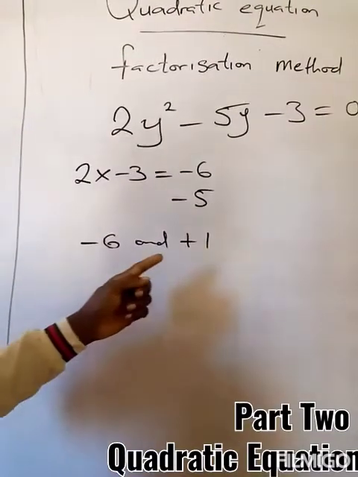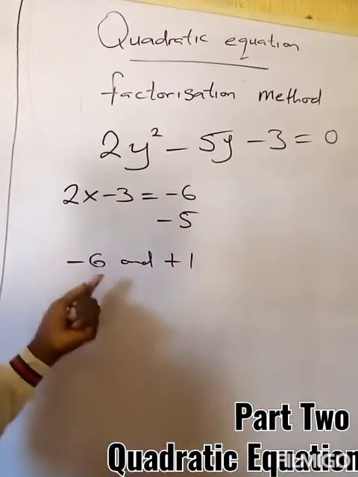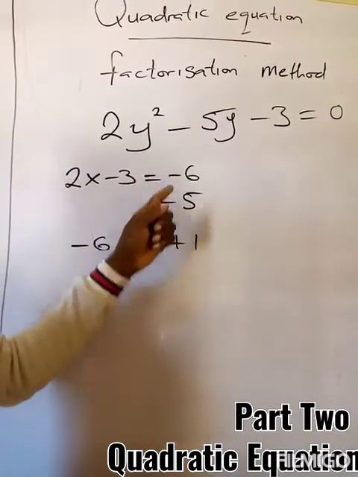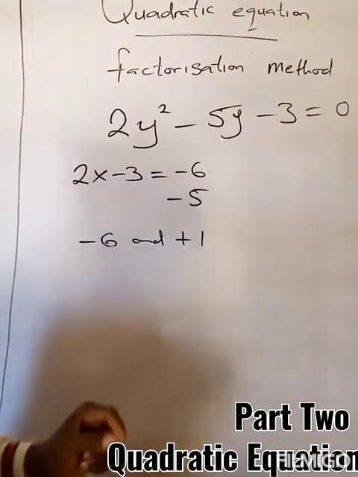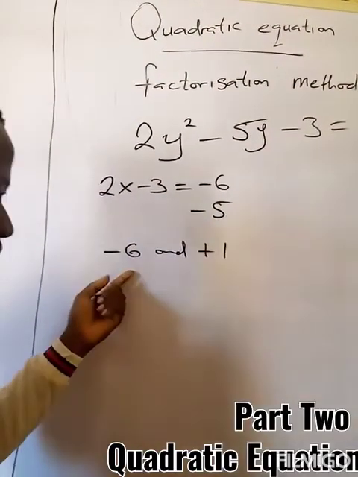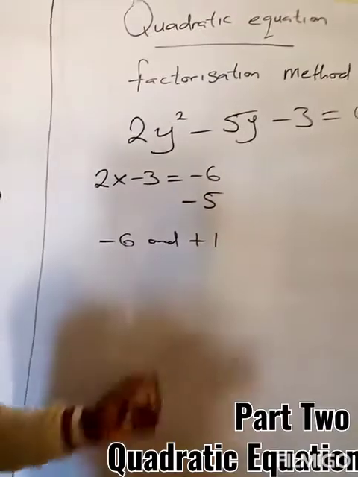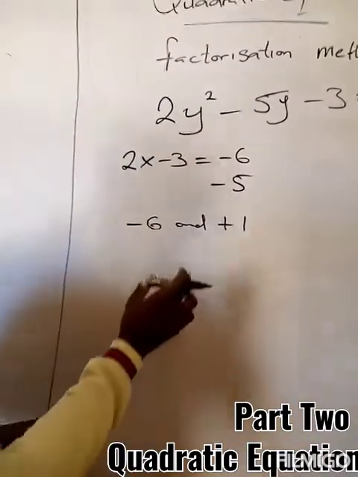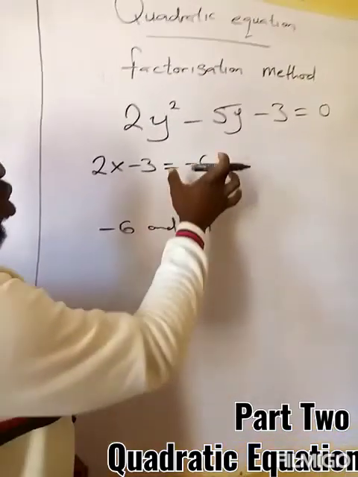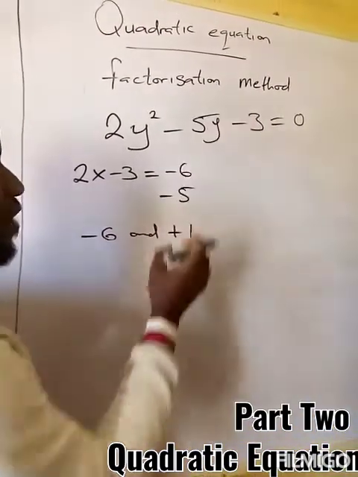Minus 6 and plus 1. If we multiply minus 6 and plus 1, we get minus 6, and if we add them together, we get minus 5. It is these two numbers that we are now going to use to open this minus 5y.